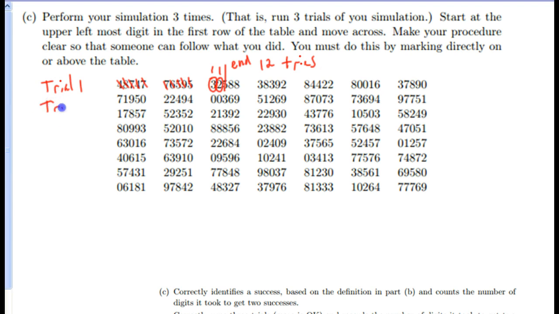In trial 2, it probably would have been good to specify in our directions that we were going to go to the next number line to start our next trial, or whatever your plan was going forward. So end of trial 2. It took 5 tries.